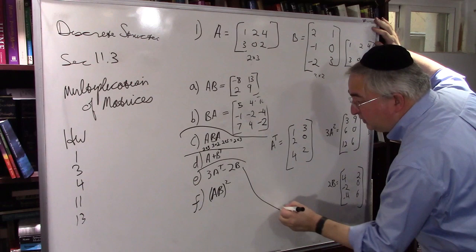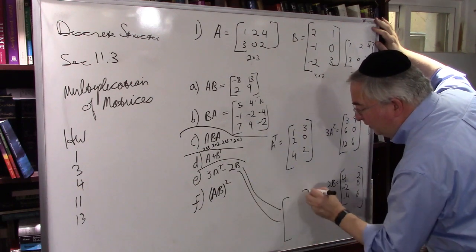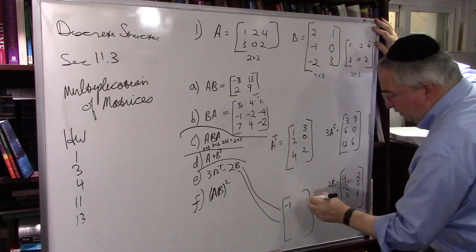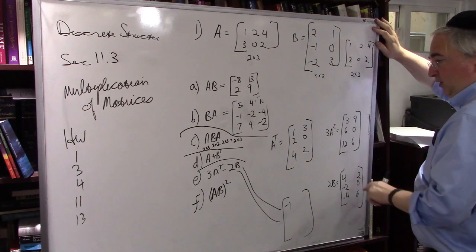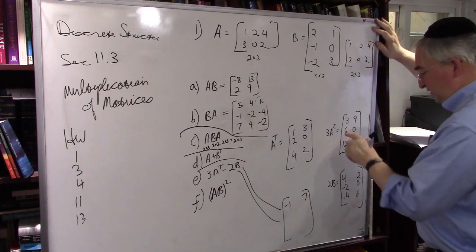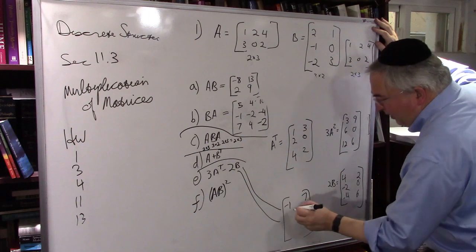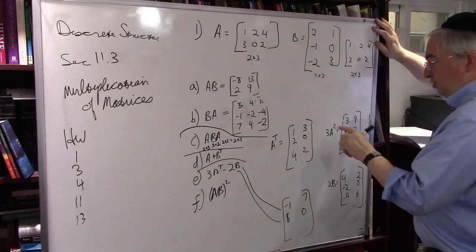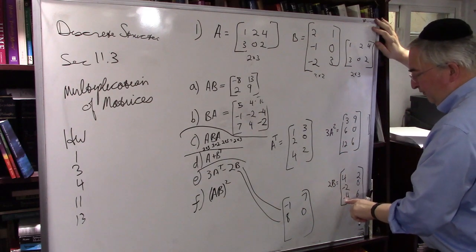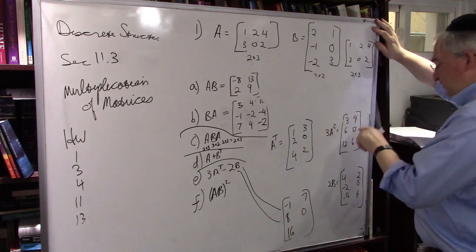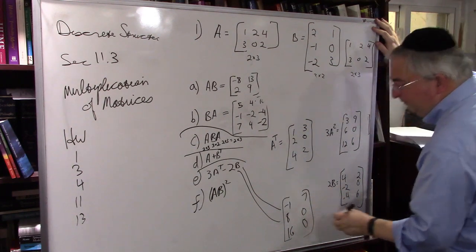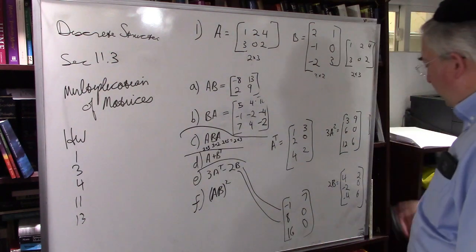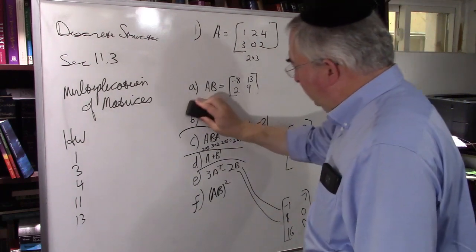So we get 3 minus 4, negative 1. 9 minus 2, 7. 6 minus 2 is 8. 0 minus 0 is 0. 12 minus 4 is 16. 6 minus 6 is 0. Okay, great. Next. Again, I could have made a mistake.